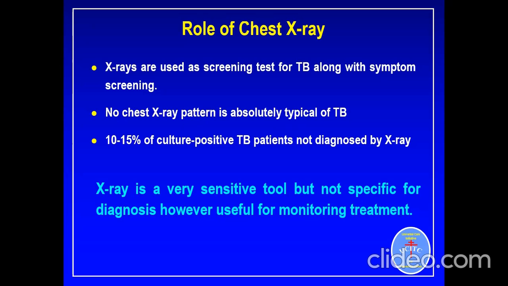So it's the softness of the shadow, the hardness of the shadow, the extent of the lung involvement, which would appear to shrink on repeat X-rays. So these are the ways you can use in monitoring treatment.